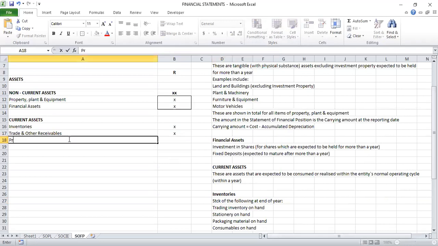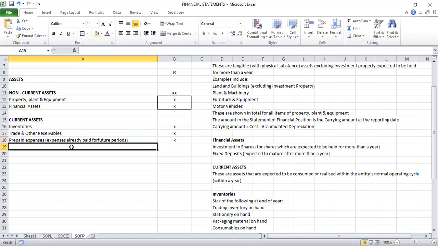Right. You can also have prepaid expenses. Expenses already paid for future periods. Or we can also call them expenses paid in advance.